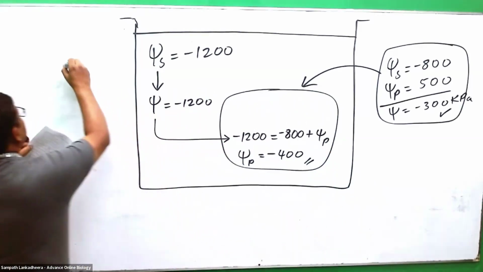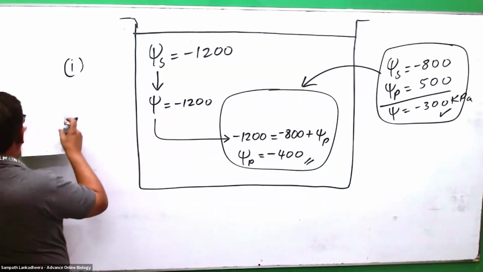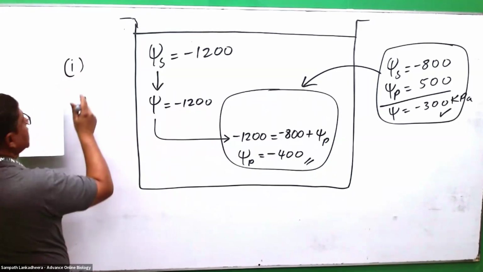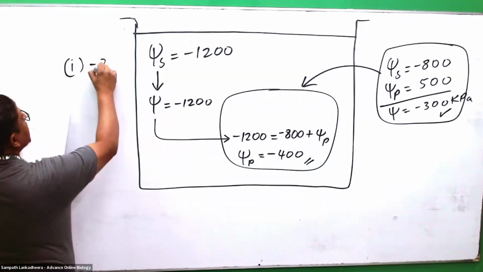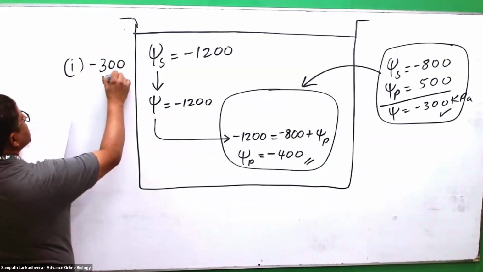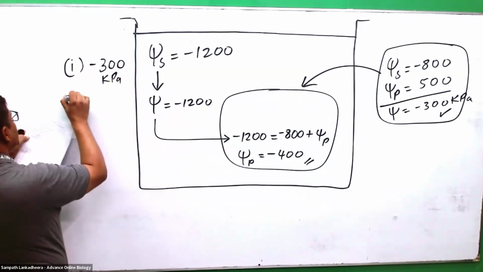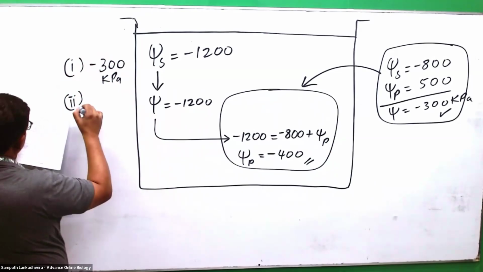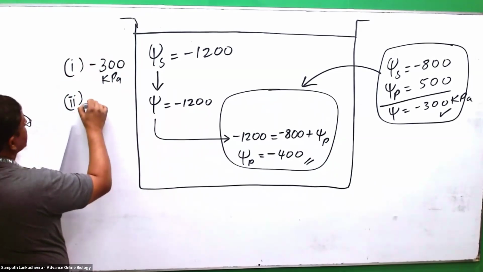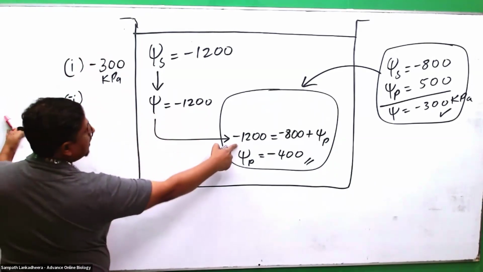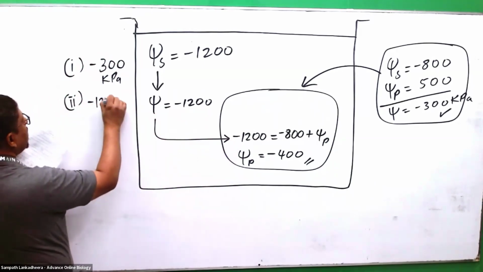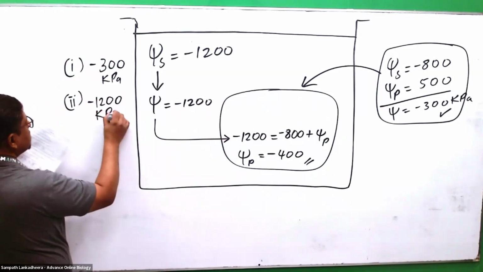So here, part 1, what they ask: calculate the initial water potential, minus 300 kilopascals. Part 2, assume that the cell reaches equilibrium, calculate the water potential of the cell at the equilibrium. Water potential of the cell at equilibrium is minus 1200 kilopascals.